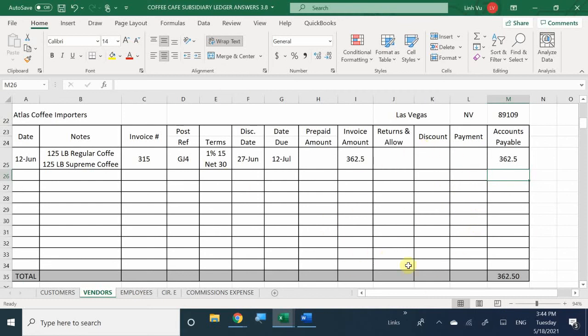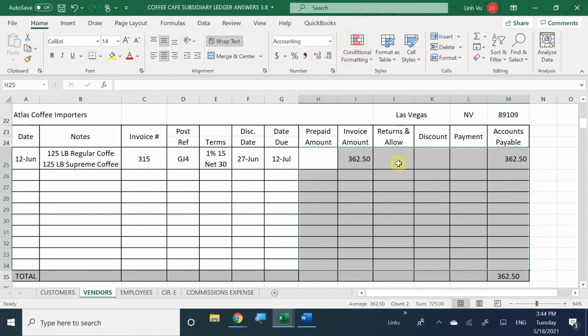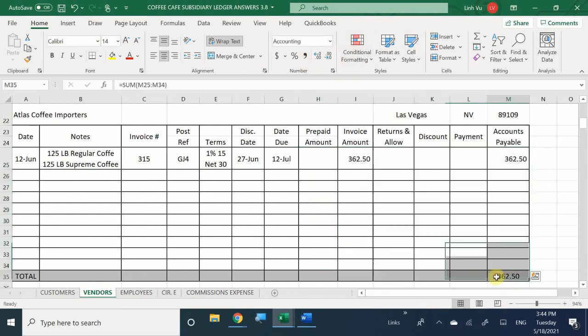Down below, I have it set already to sum up my total bills. So in grand total, I owe this vendor the same amount, $362.50.